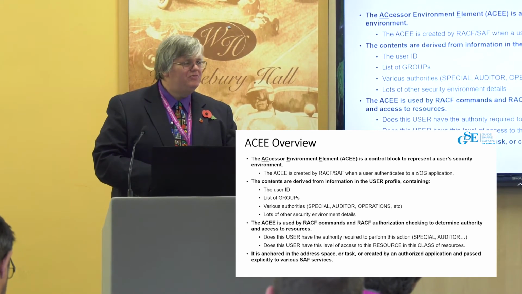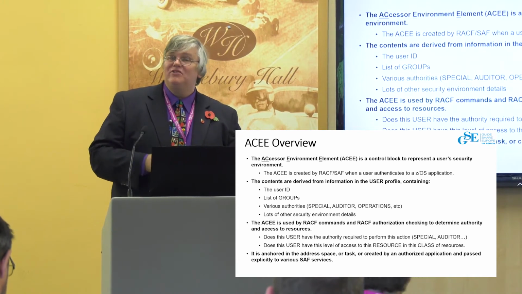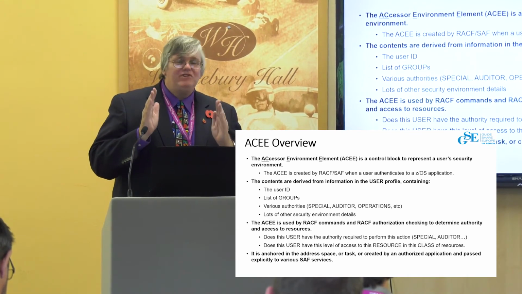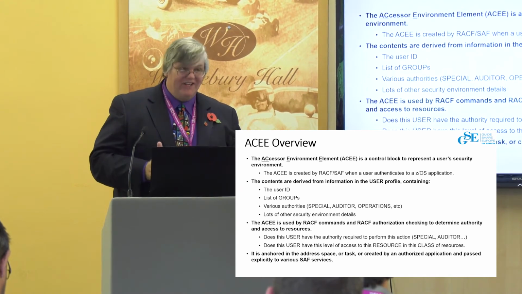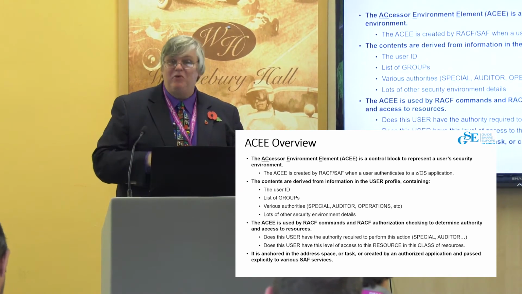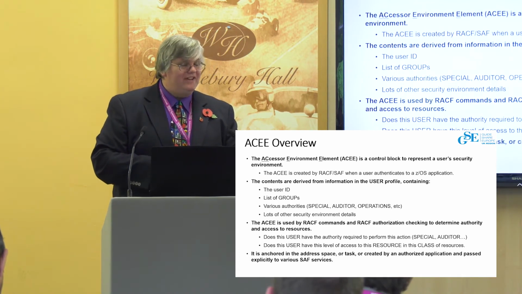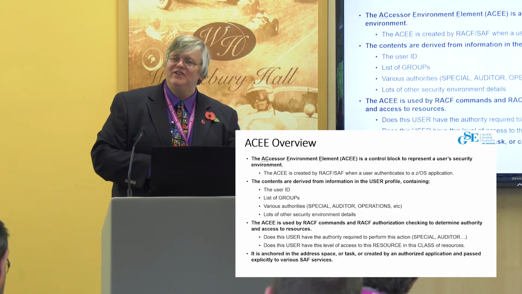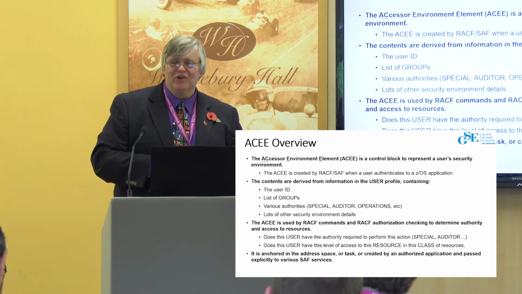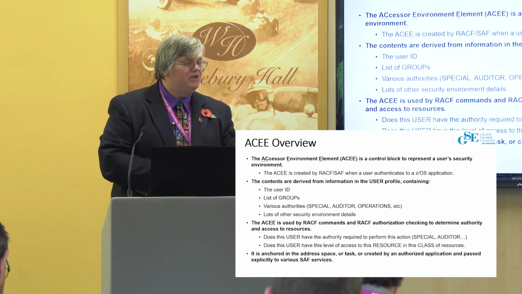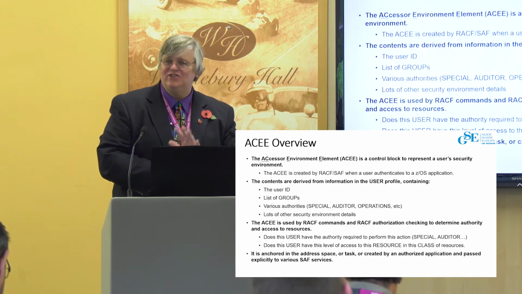Why could there be multiple? Well, this control block is anchored in a couple of different places. Every address space has one. The address space control block has an extension, the ASXB, and in the ASXB there's a pointer to the ACE for the address space. But wait, there's more. Every unit of work, almost every normal unit of work, is represented by something called a TCB, a task control block.